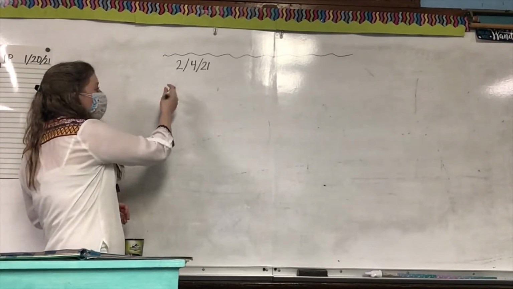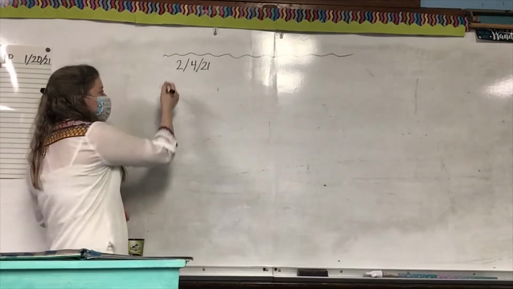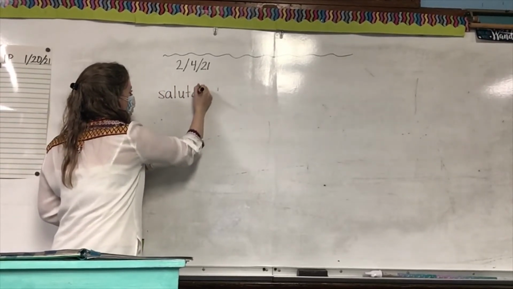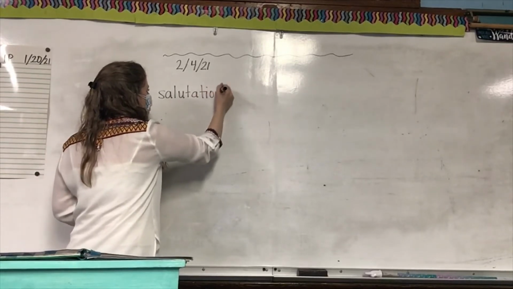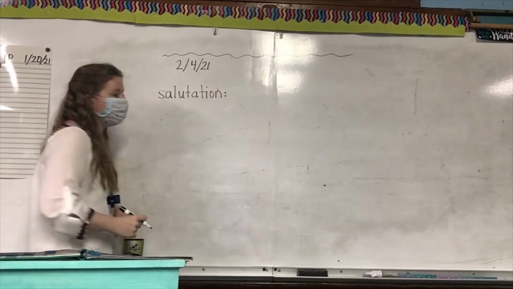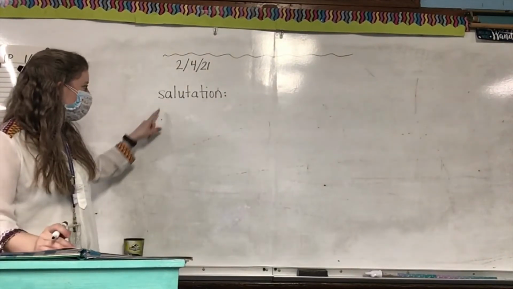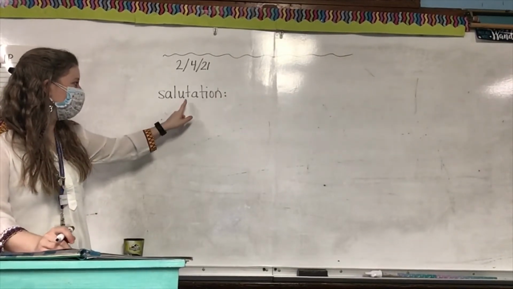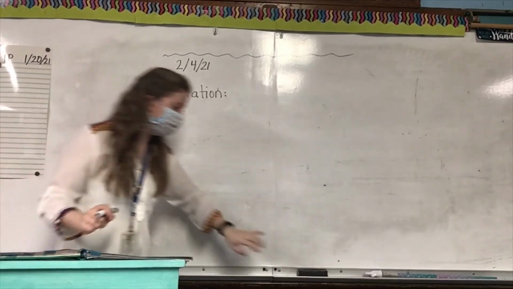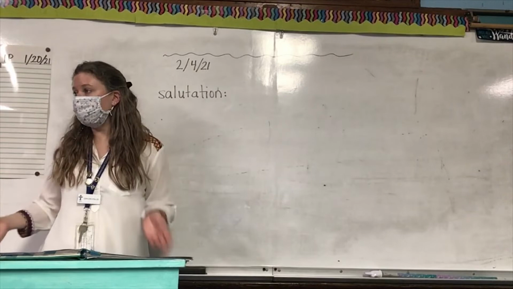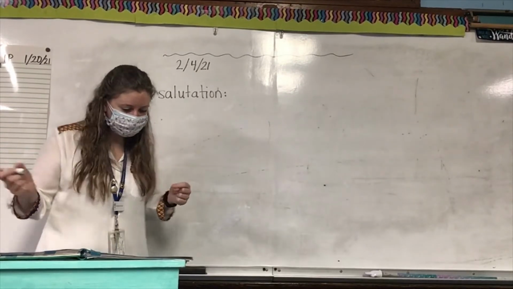The first important piece of a letter is the salutation. So you might want to skip like 2 or 3 lines because these aren't vocabulary words. They're notes. Salutation. S-A-L-U-T-A-T-I-O-N. That is the first important piece of a letter.